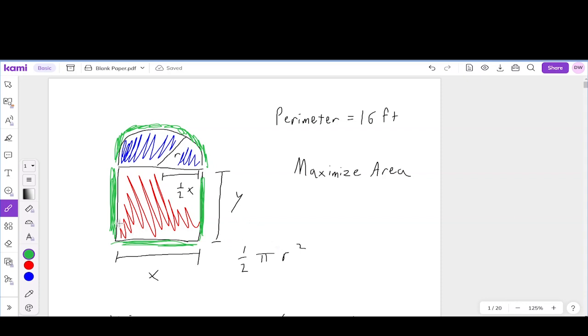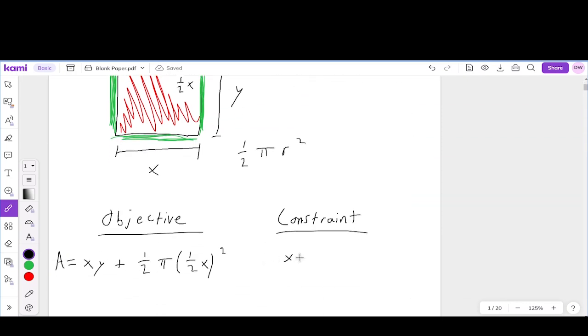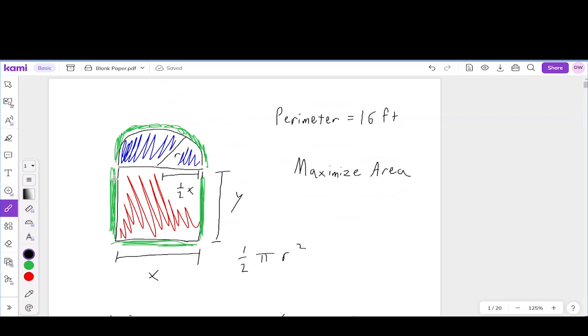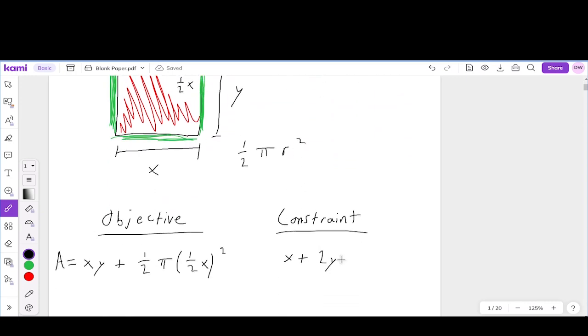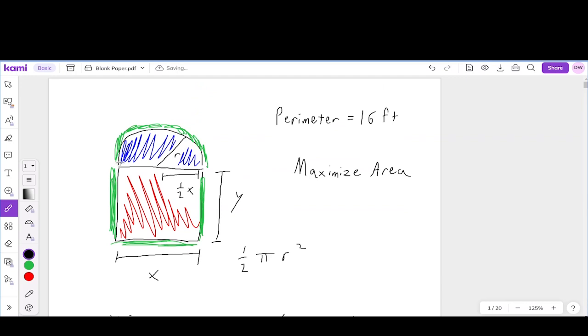So from here, the perimeter is going to be this side at the bottom, which is x, plus the two sides on the left and right, y plus y, or just 2y. And then for the semicircle part, we need the perimeter of a semicircle, which you may know as circumference.